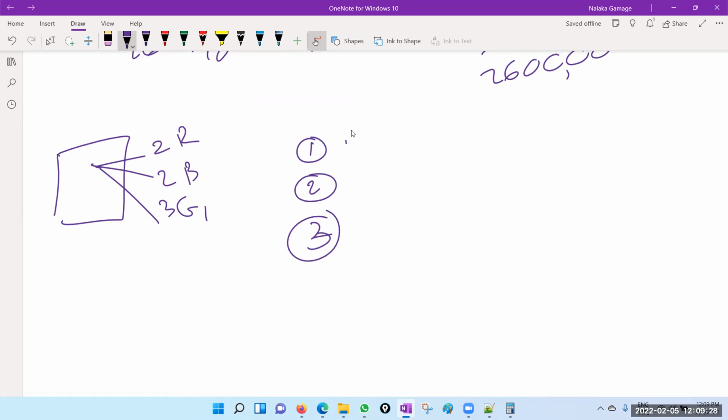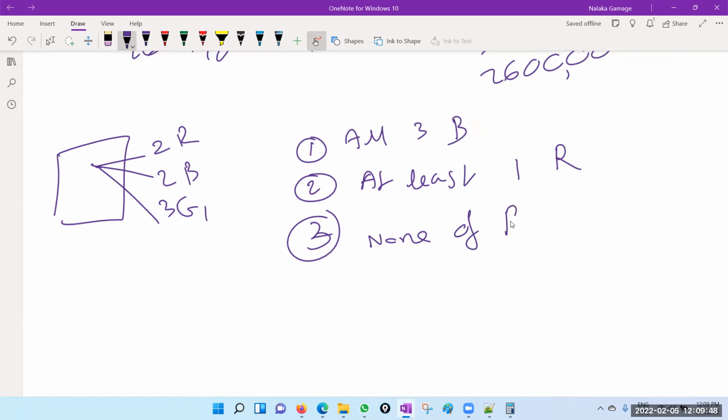Getting all 3 blue, probability of getting all 3 blue. At least 1 red. Third one, none of red. So what is the probability of getting all 3 blue? What is the probability of getting at least 1 red? What is the probability of getting none of those red? Do this quickly.